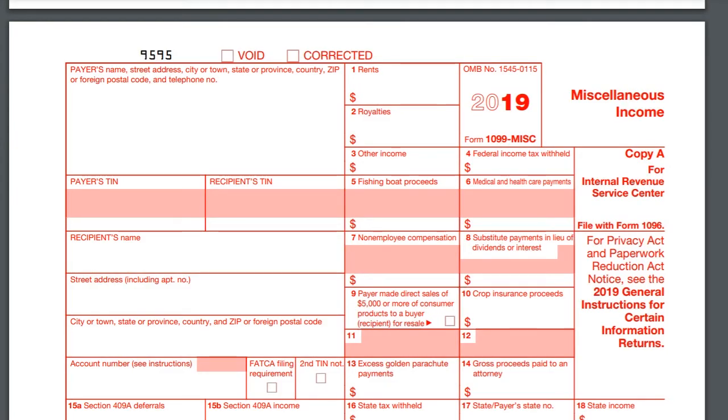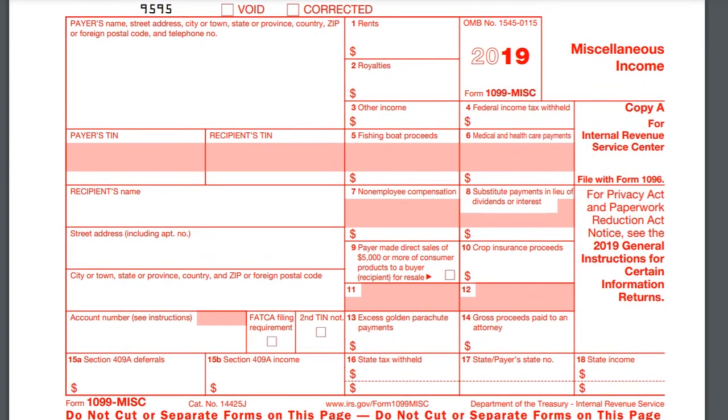On this form, we would report rents, royalties, some other income, and most importantly, non-employee compensation. Anybody who you paid 600 or more during a tax year, you would report the income here under number 7. And if you withhold any taxes, you would put it in box number 4.